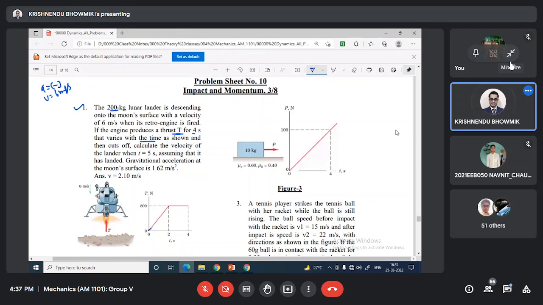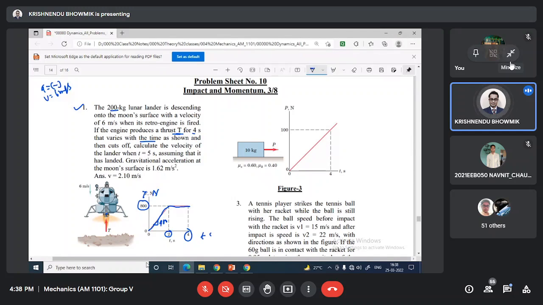This is the variation of the thrust T in Newton. This is 2, this is 4, 800. So this slope is 400, is it not? This slope is 400.